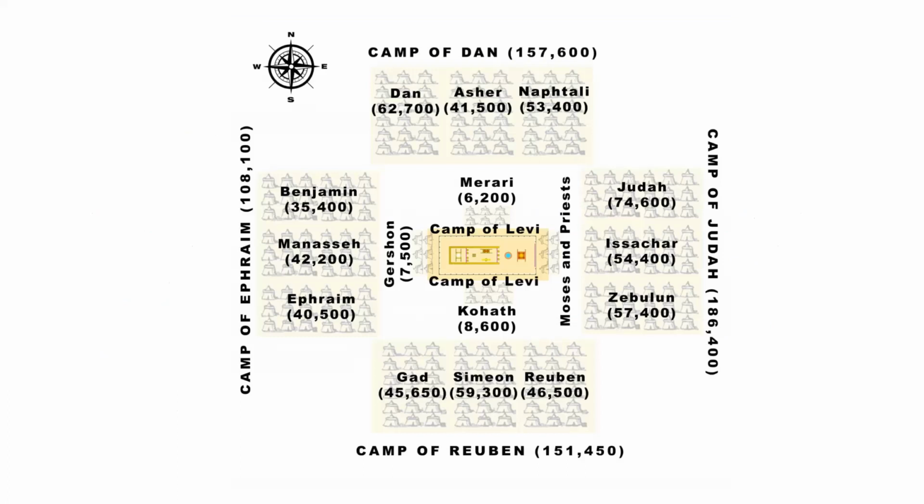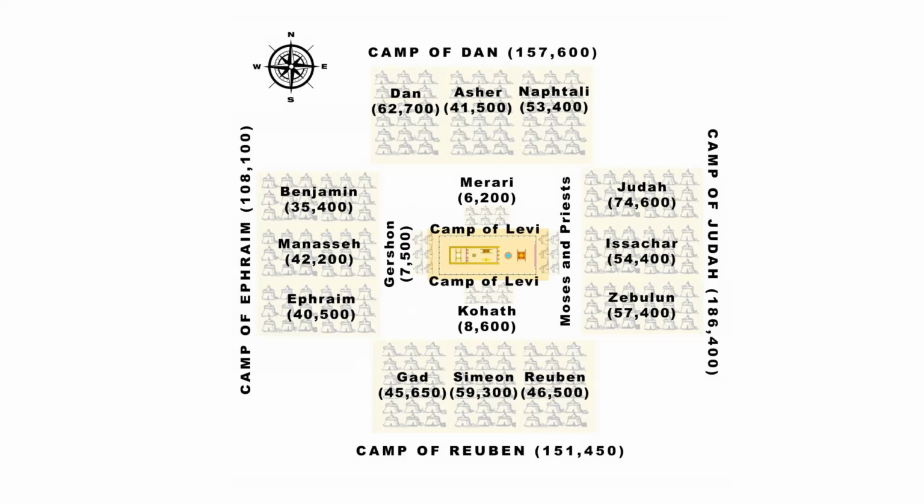Here's an outline of the camp. You can see that there are 12 tribes around the outside. Remember that 2 of those tribes are actually the sons of Joseph. That would be Manasseh and Ephraim over here.